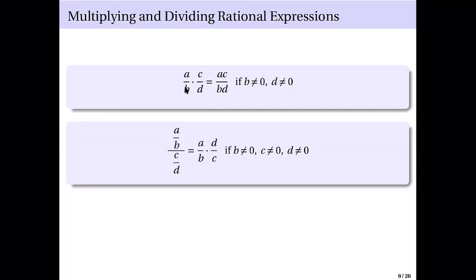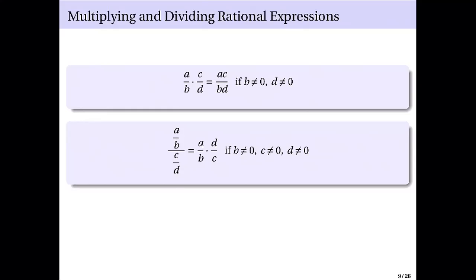And of course, this is the definition of the division. Furthermore, we will assume B is not equal to 0 because it is a denominator of A over B. D is not equal to 0 because it is a denominator of C over D. And C is not equal to 0 because if C is equal to 0, then the big denominator will be 0.